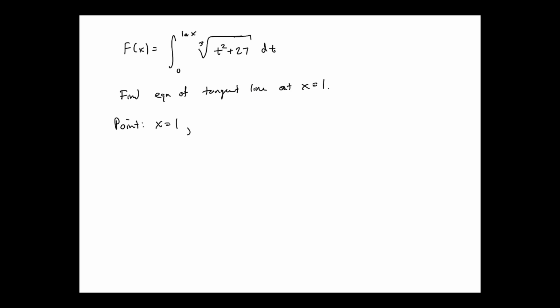Well, what I would need to do is plug in f of 1 for x. Okay, so if I just substitute 1 in for x, then I get this. But what's the natural log of 1?